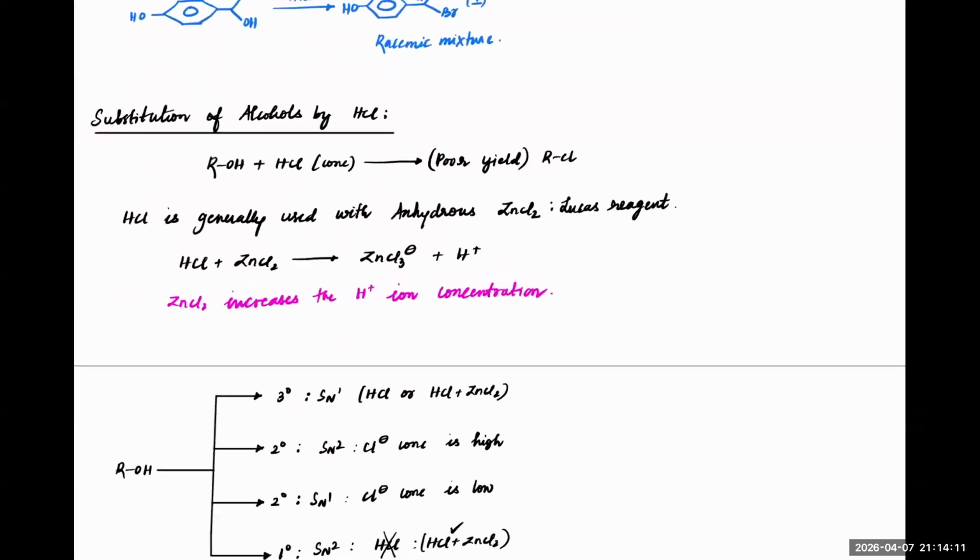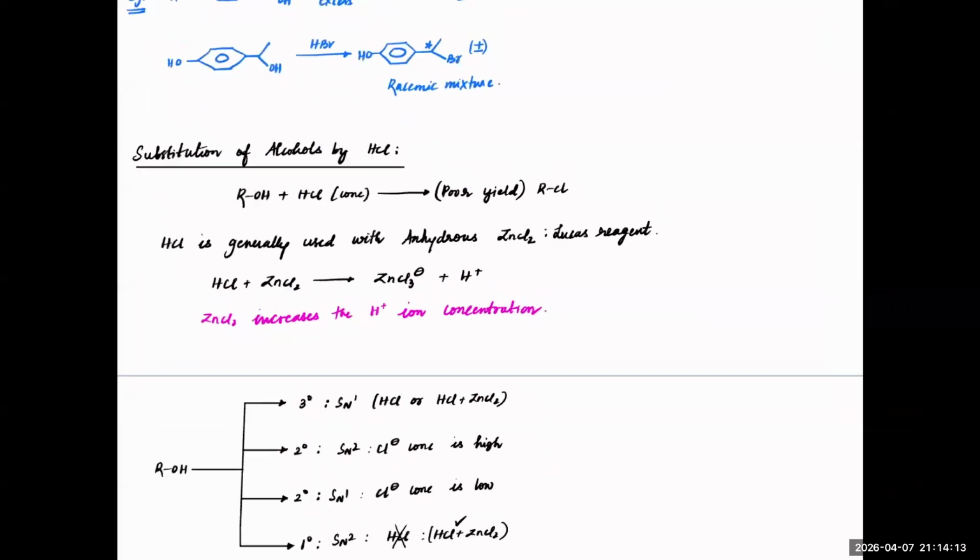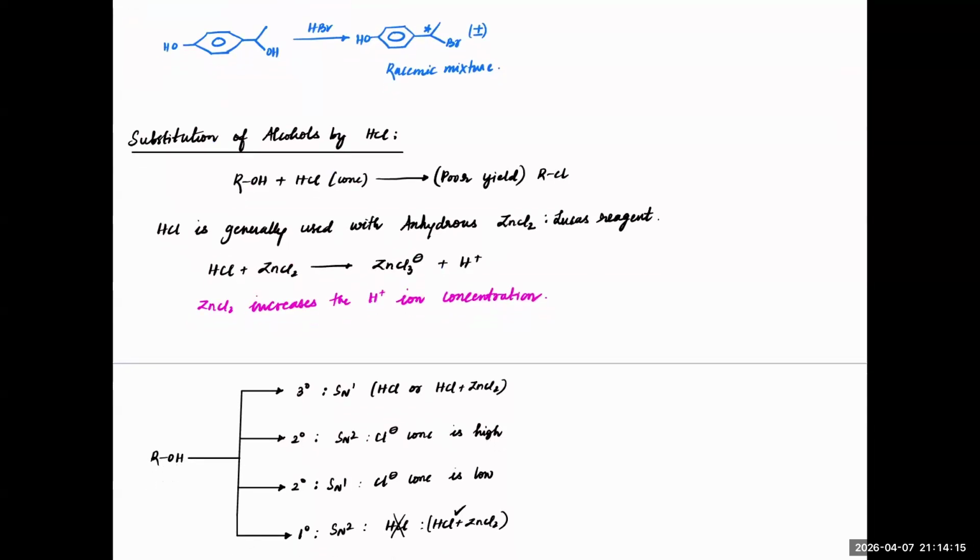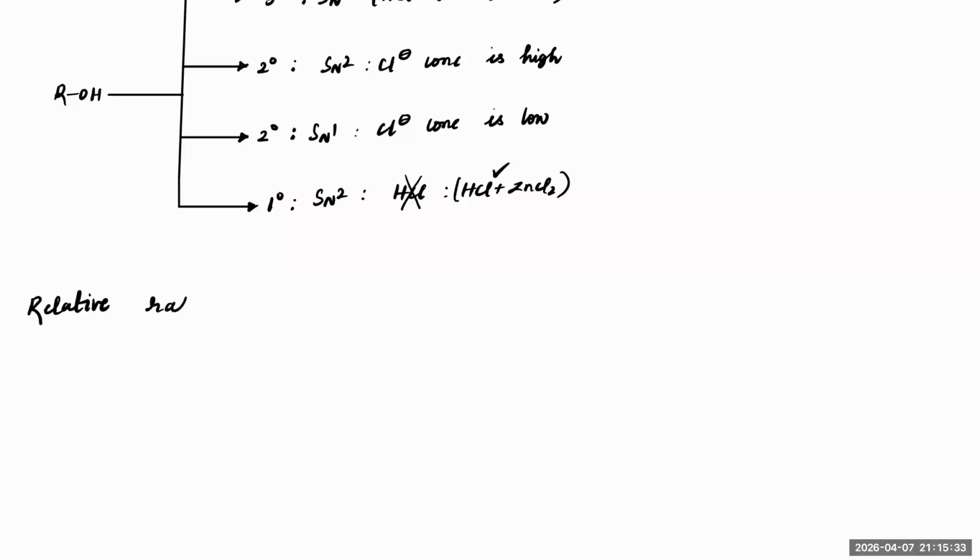Please check what happens to the substitution via HCl quickly. What is the relative rate towards SN2?